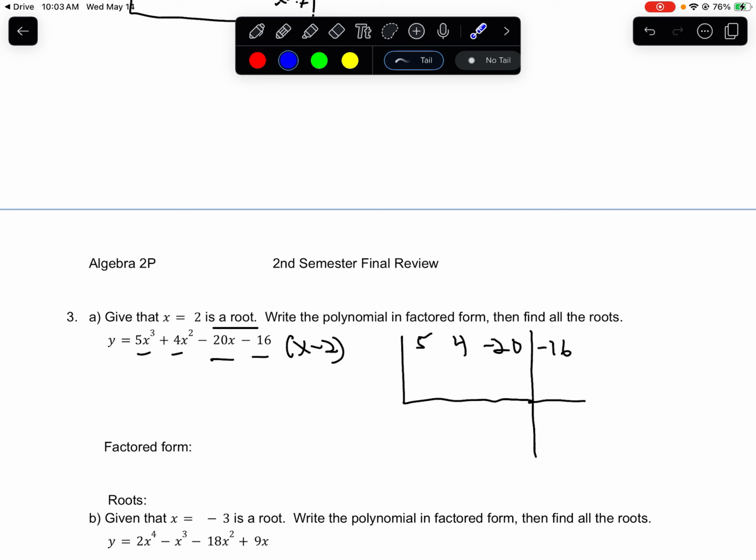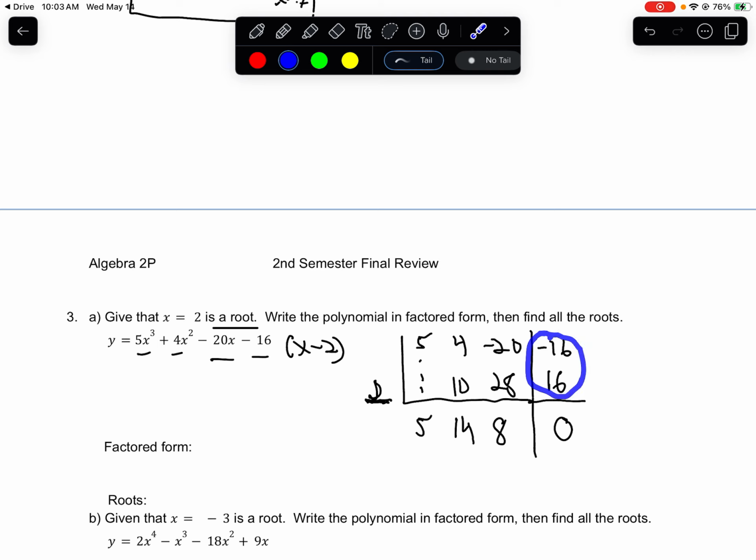Now, if x minus 2 is a root, this remainder has better be 0 because it goes in evenly. And then since we're dividing by x minus 2, we put the opposite of negative 2, or positive 2, here. And then we just drop the first term. 2 times 5 is 10, plus 4 is 14, times 2 is 28, plus a negative 20 is 8. 2 times 8 is a positive 16, and lo and behold, look at this.